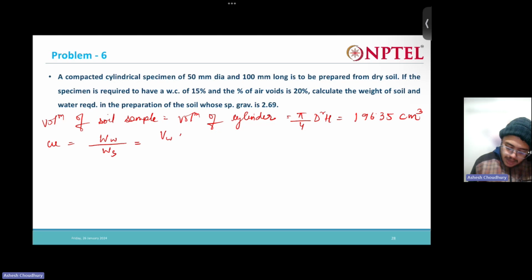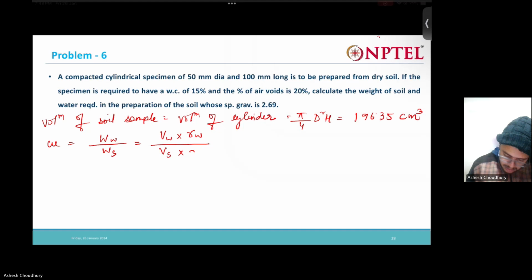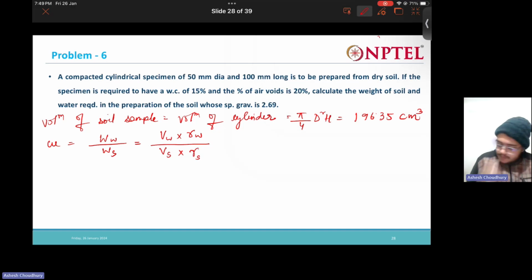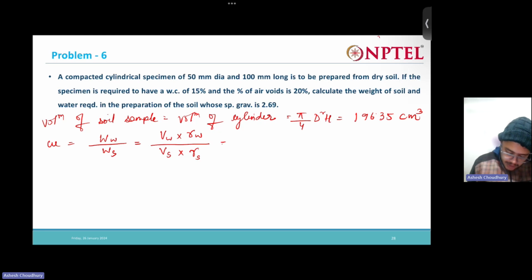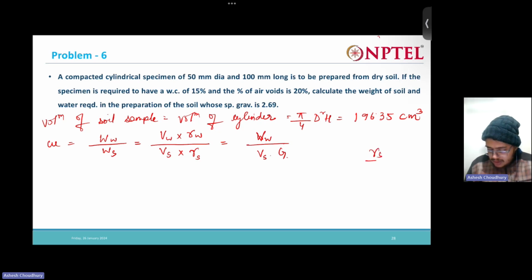We can write volume of water into unit weight of water, and weight of solids we can write as volume of solids into unit weight of solids. So from here we can write volume of water by volume of solids into G, because this is nothing but G. Now, the specimen is required to have a water content of 15%, so let us put 0.15.